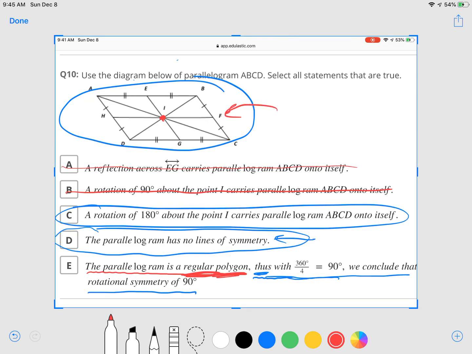But it's not. Regular polygons require that all side lengths are the same and that all the interior angles are the same. That's not the case with the parallelogram. So this is false, so we can scratch that out. So it's just C and D, at least as the options are ordered on my screen.